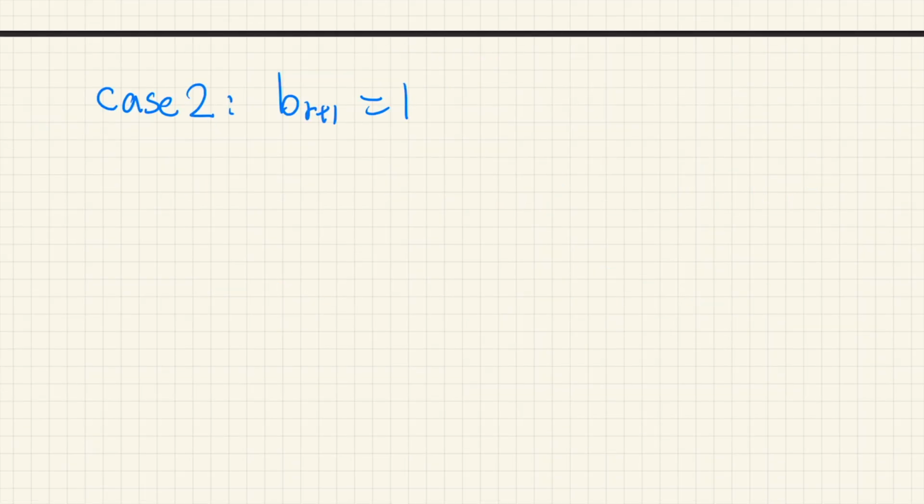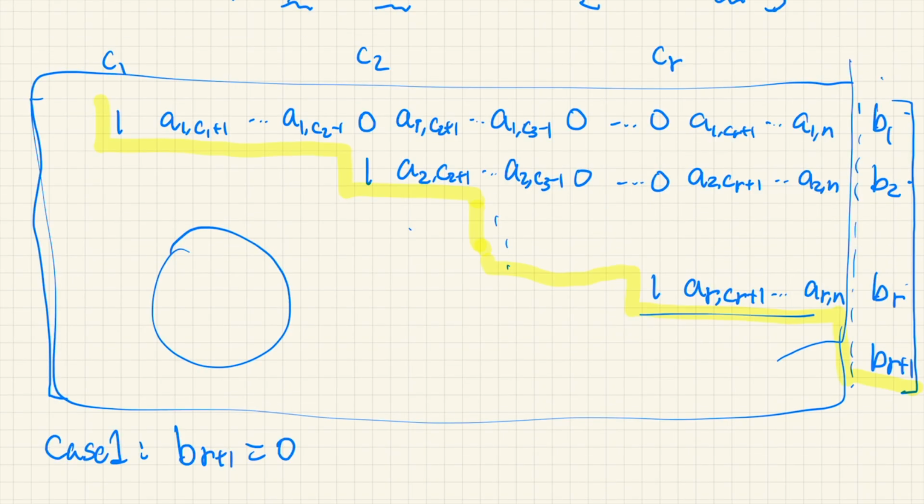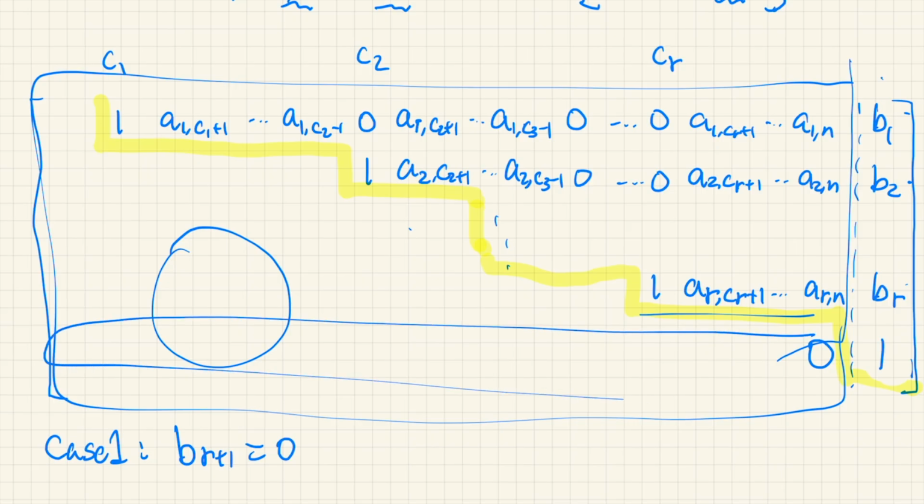Now let's consider the other case, that is b r plus 1 is equal to 1. By the way, in this case, b1 up to br are all 0. In this case, this b r plus 1 is 1, but in this row, all other elements are zeros.